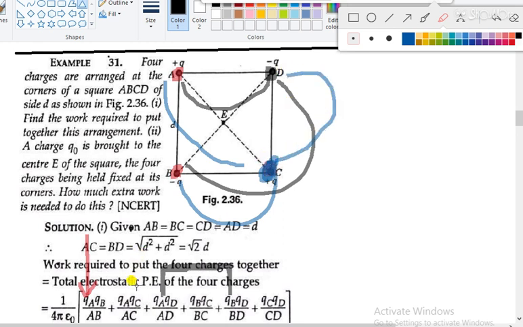So these three terms, that is QC, and this one term, I have taken different colors so that you can easily understand, and this one term. This is the work done by moving charge C. This was the work done by moving charge B, and the black color was the work done by moving charge D. Now I hope this is clear.